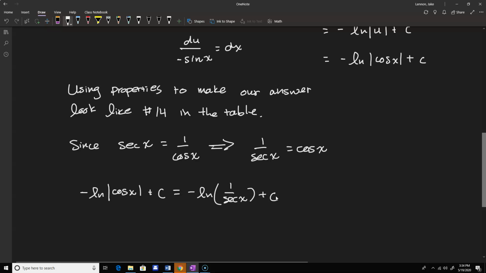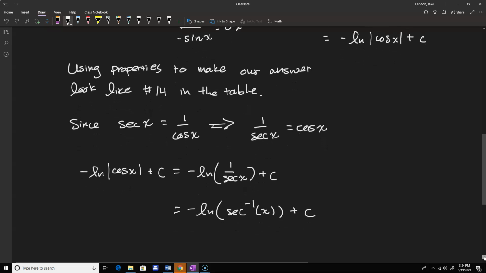And then we're just going to use properties of the natural logarithm, so we can rewrite 1 over secant of x as the natural log of secant to the minus 1 of x plus our constant. And then we can bring that exponent down in front.